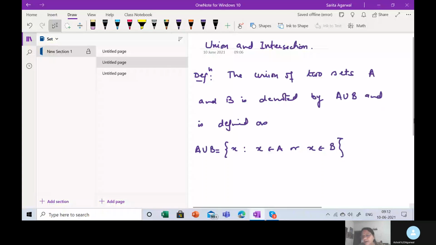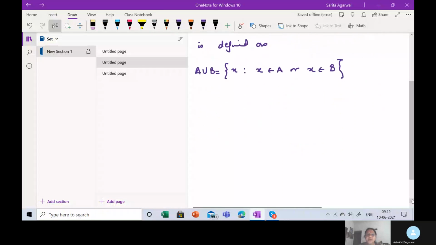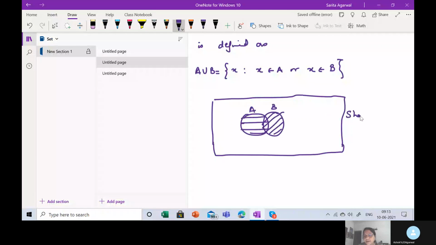So if we see the Venn diagram of A union B, the whole set, the shaded portion, is A union B.